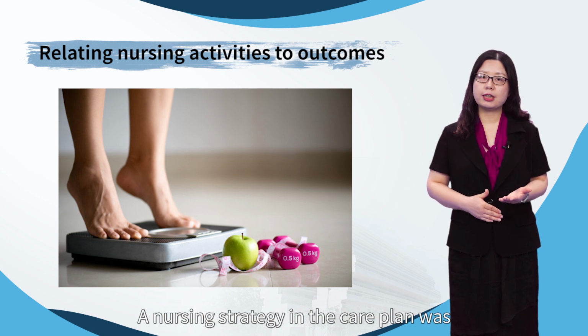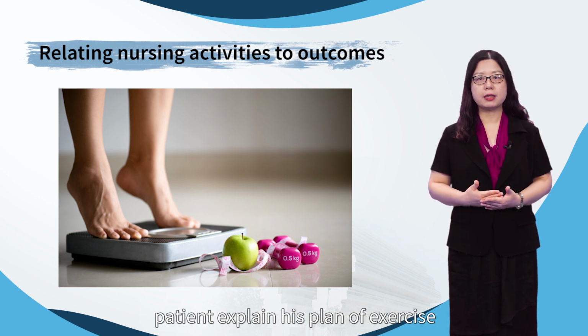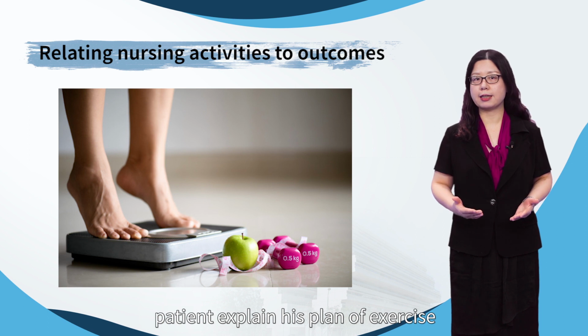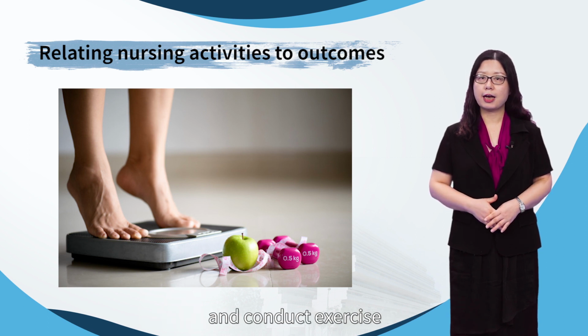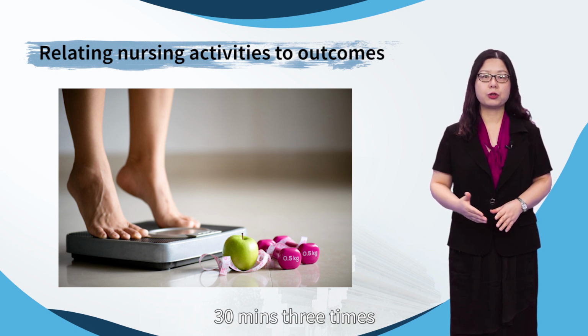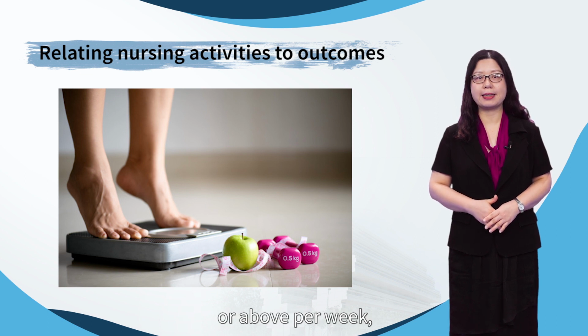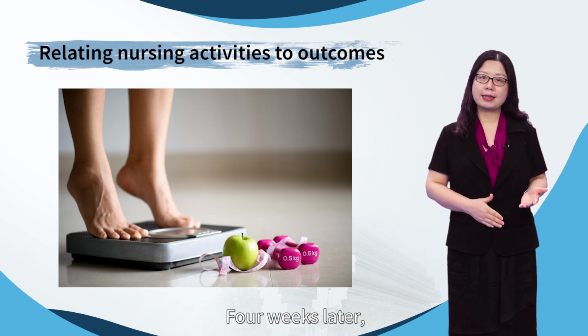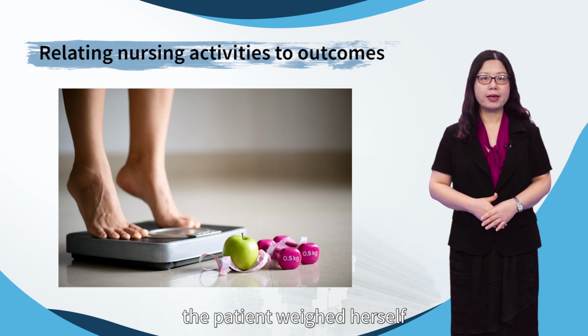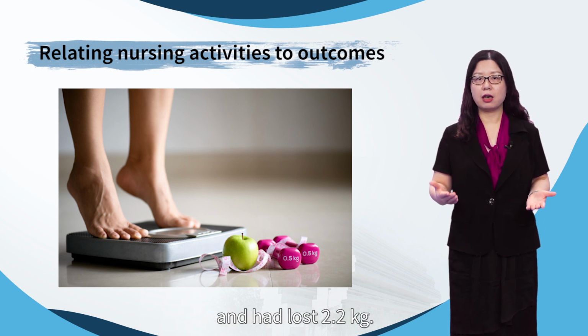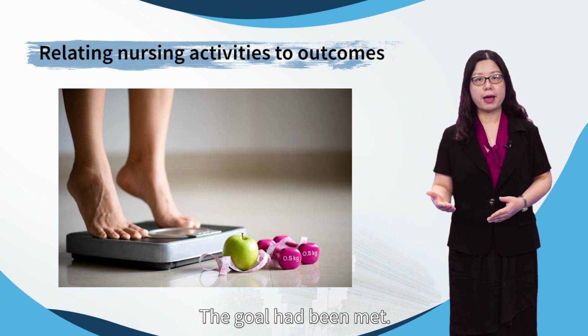A nursing strategy in the care plan was patient explain his plan of exercise and conduct exercise 30 minutes 3 times or above per week. 4 weeks later, the patient weighed herself and had lost 2.2 kilograms. The goal had been met.